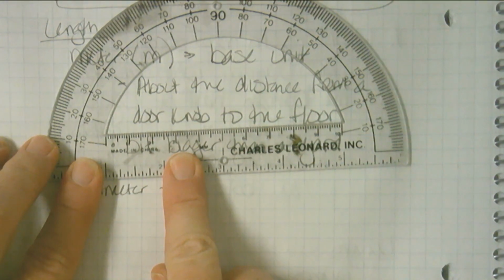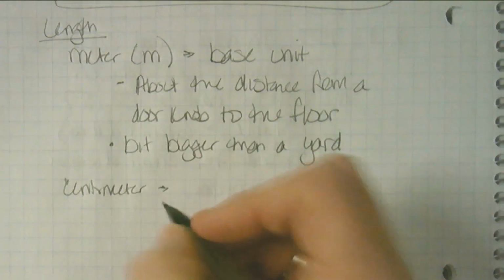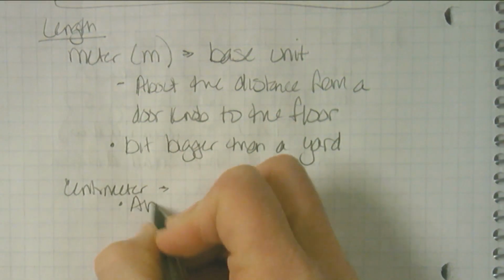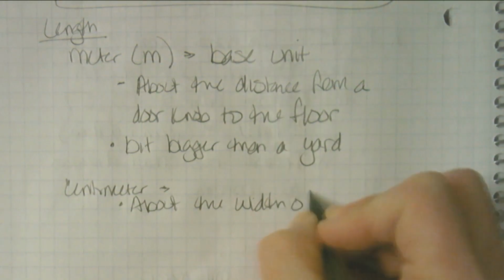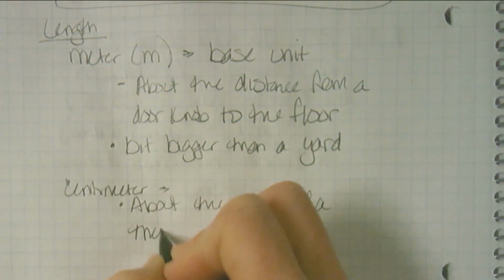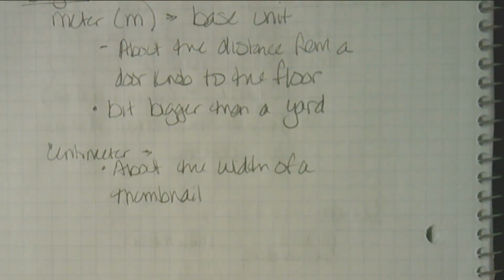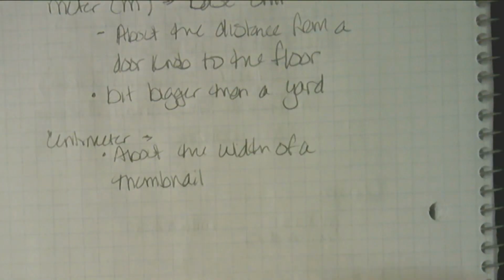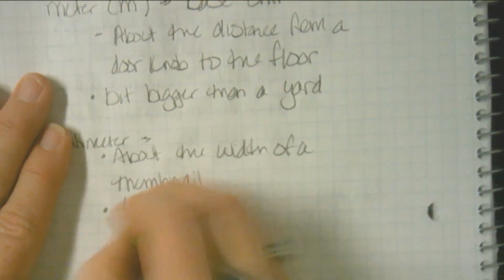A centimeter is about the width of a thumbnail, depending on how wide your thumbnail is. Mine's probably more like my pointer finger. It's about a third of an inch.